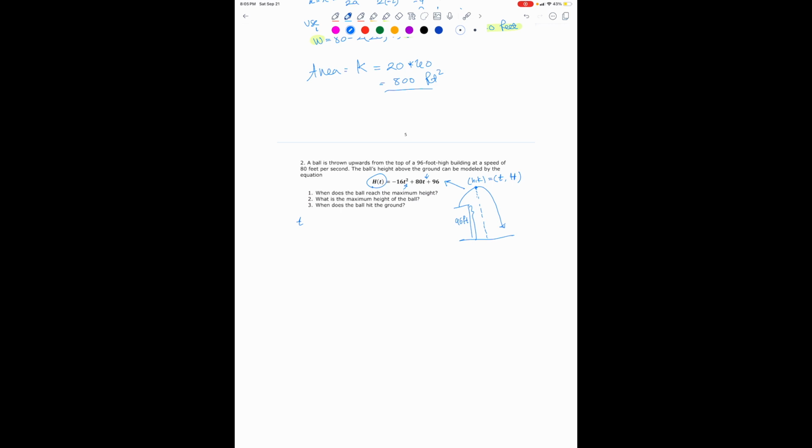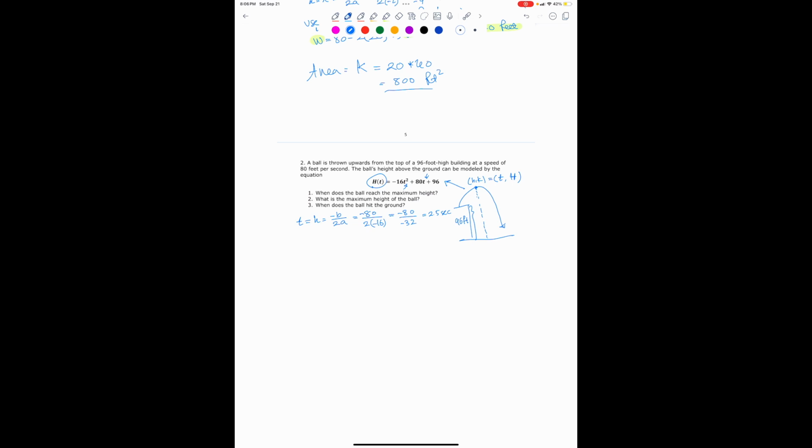So I'm going to say t, which is the h of the vertex, is equal to negative b over 2a. I know that b is 80, so negative 80 divided by 2 times negative 16, which is the a value. This is equal to negative 80 divided by negative 32, and that will be 2.5 seconds.